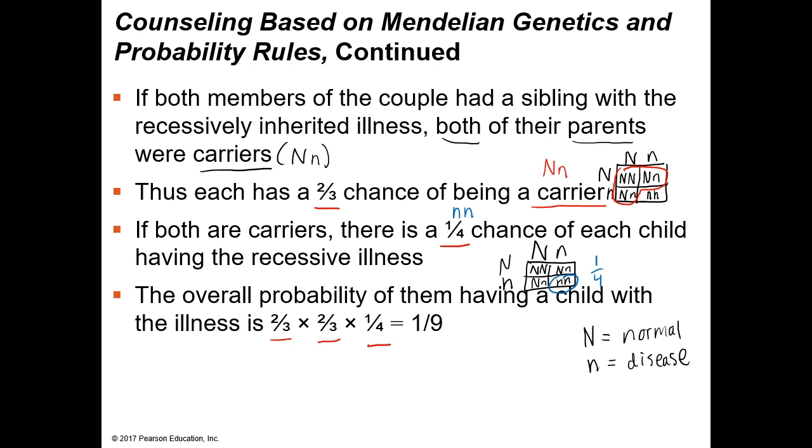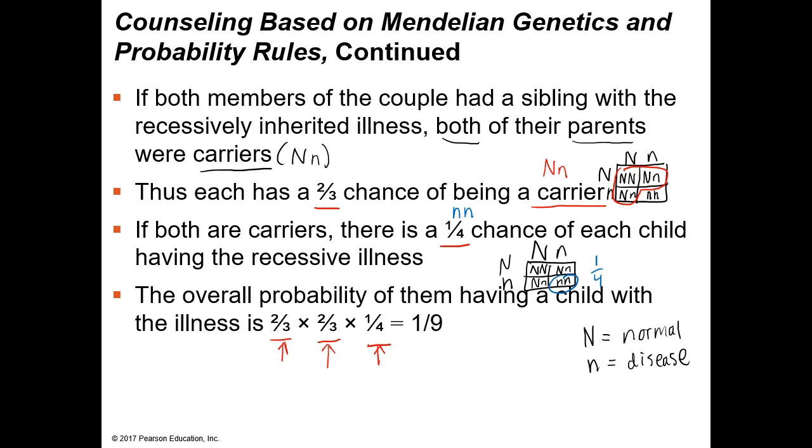So if we put this into words, it's basically saying what's the probability of one person being a carrier and the other significant other being a carrier, 2/3, and the child being affected with the disease. Okay, so you just multiply them and get 1/9.